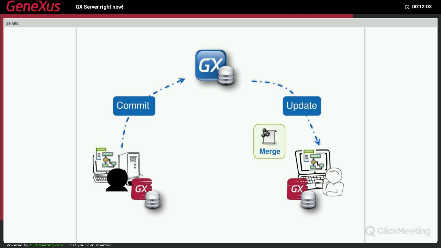Now, once she requests an update, it may happen that some object being updated was also locally modified by her. In these cases, GeneXus first tries an automatic merge. This automatic merge will work on most cases.